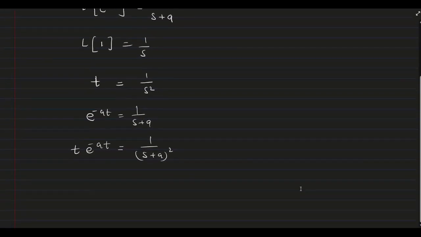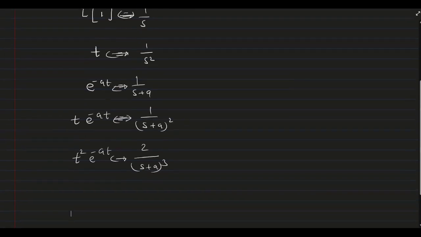Laplace transform of 2 into t square e to the power minus at is 2 upon s plus a whole cube. These are the transform pairs actually.